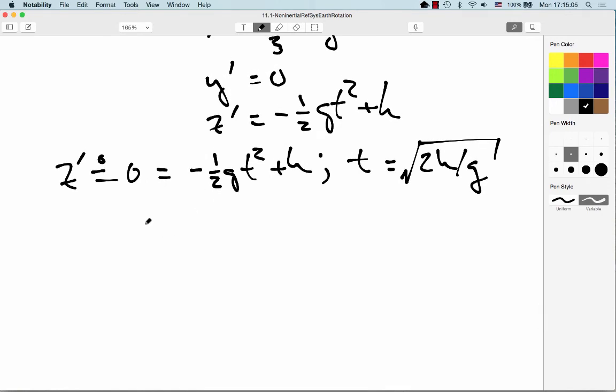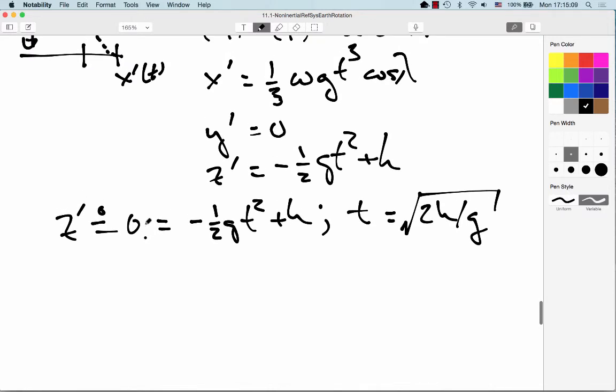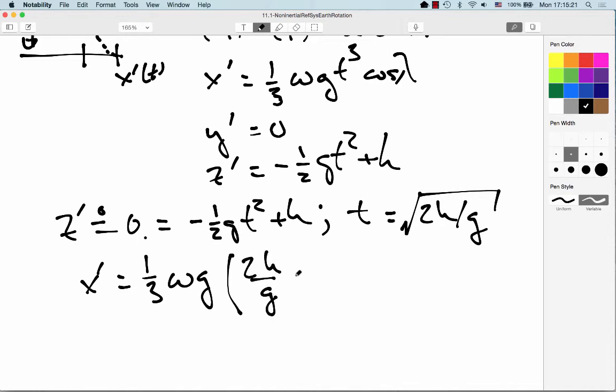All right, so then we can stick that into our x, and we get that x prime will equal 1/3 omega g times 2h over g to the 3/2 power times the cosine of lambda.